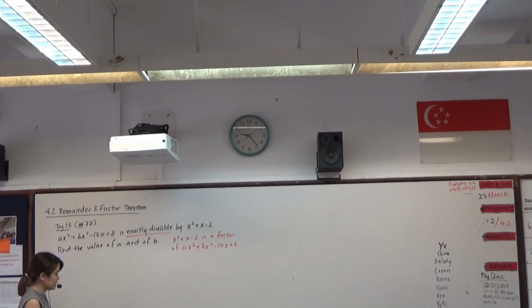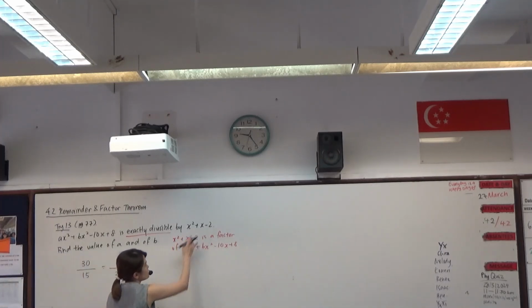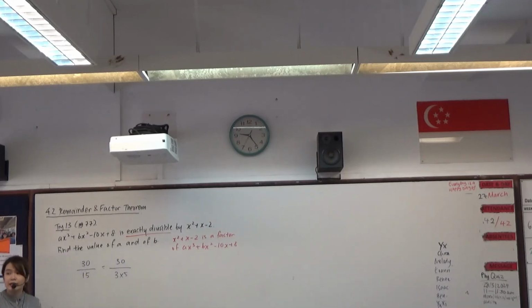But think about it: if I tell you 30 is exactly divisible by 15, 15 is actually 3 times 5, right? Can I say that 30 is also exactly divisible by 3? Makes sense, right? Can I also say that 30 is exactly divisible by 5? Yes, right? So I can break x squared plus x minus 2 into smaller parts, and that is done via factorization.